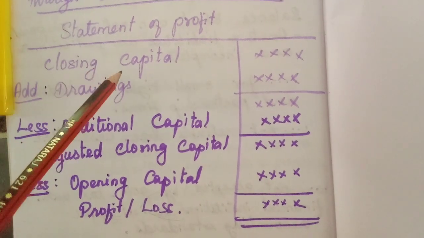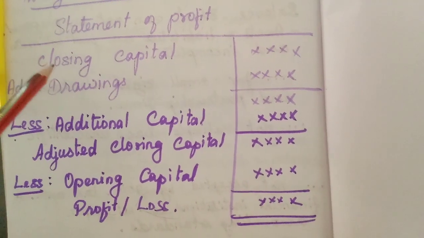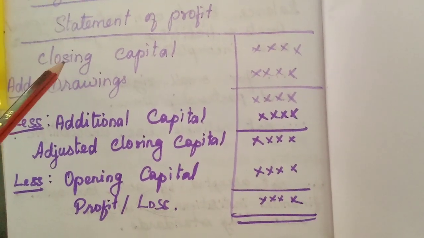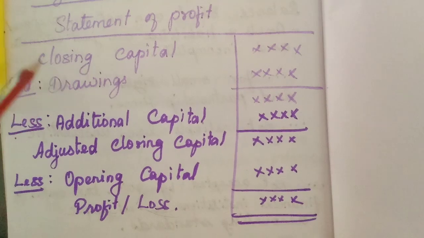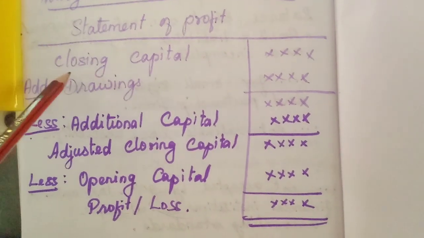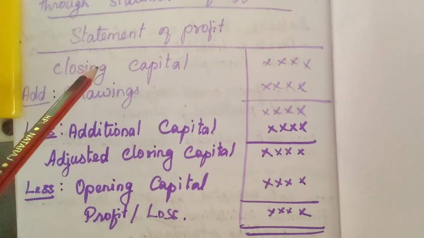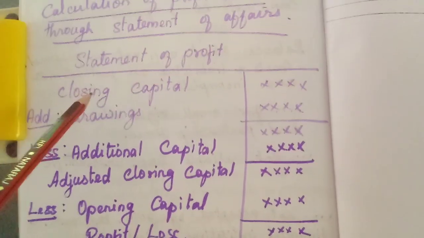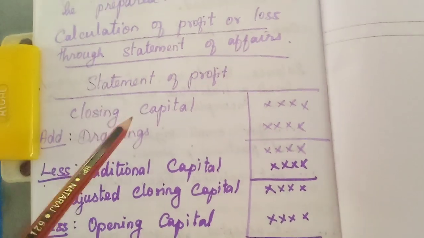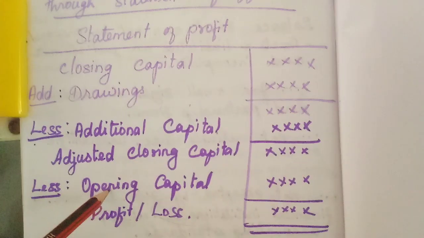Sometimes the closing capital they may not give; they may give some items that appear in the balance sheet, some assets and liabilities. Then we have to prepare the statement of affairs. That statement of affairs will resemble a balance sheet. That we will learn later. But now they have given the closing capital and opening capital.